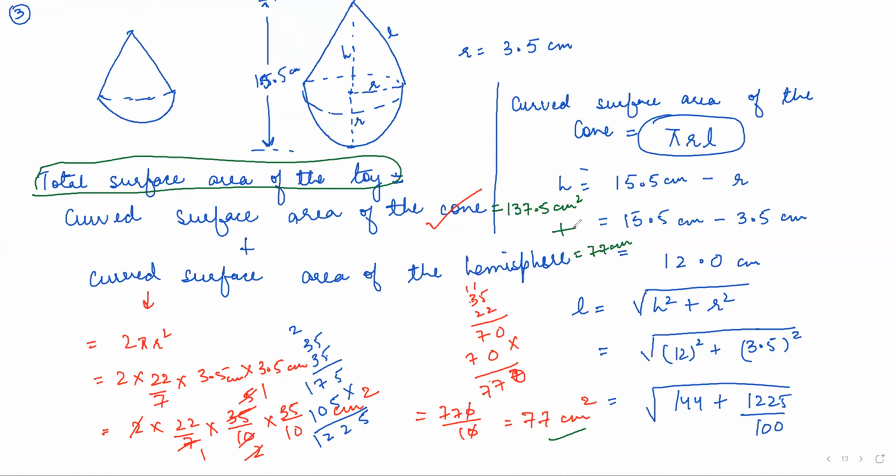So please add them and get the answer. I'm getting 214.5. Yeah, I think it's right. So 214.5 centimeters square. Always mention units.